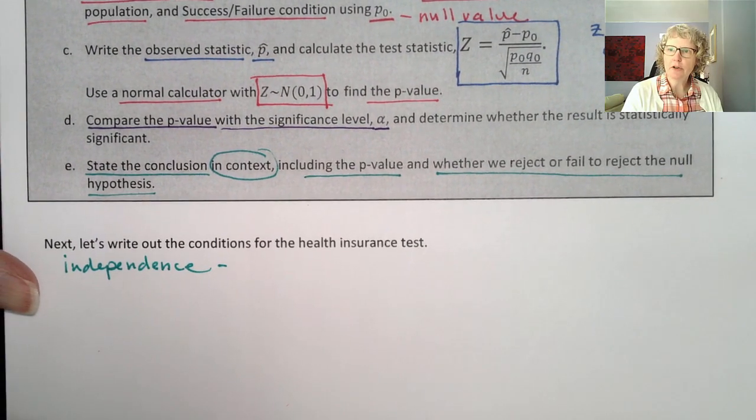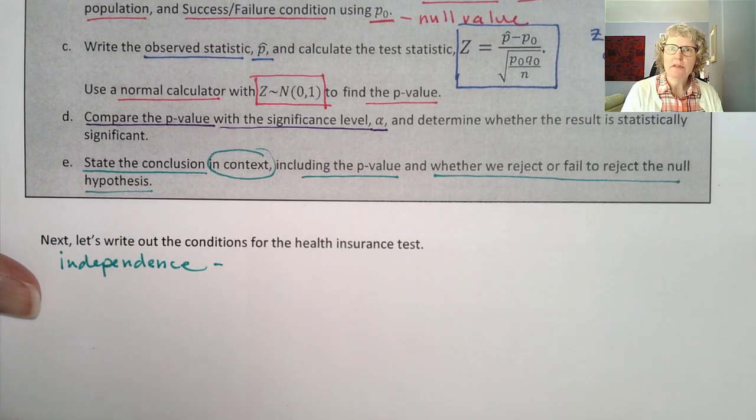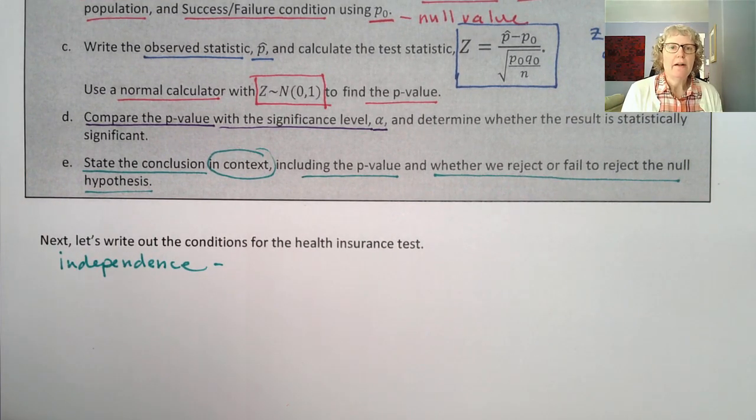Remember, we're always getting data at the end of a test, but we want to consider if we were gathering this data at the very beginning, what do we need to consider in order to have independence for our sample, okay? So yes, we're going to take a random sample, that's the second one, but we want to think about how would we get that random sample and what are the different factors we need to consider, okay?